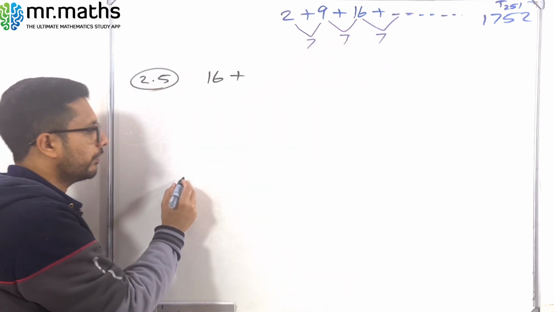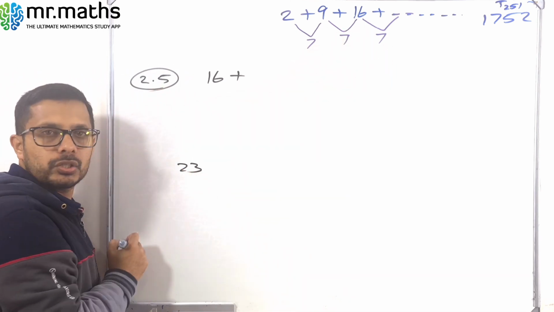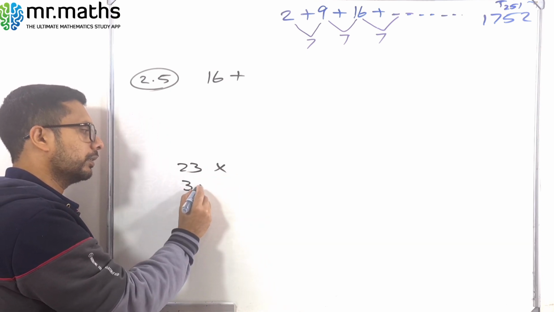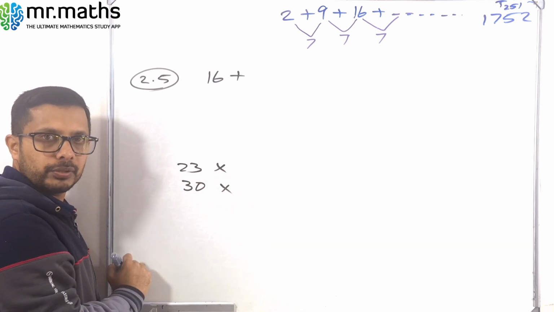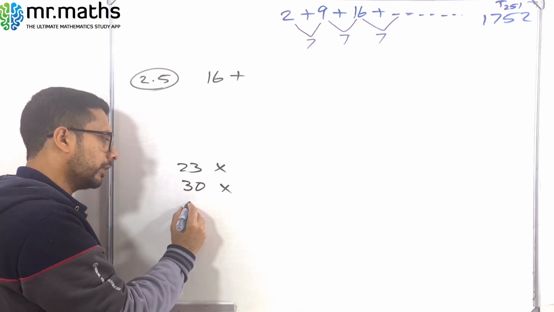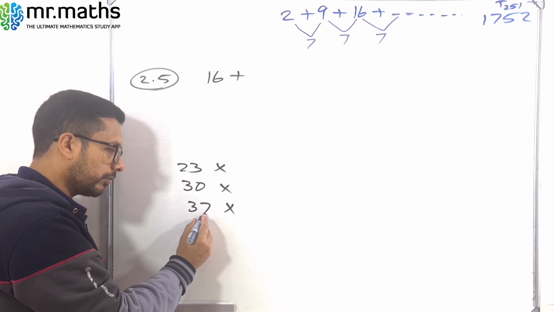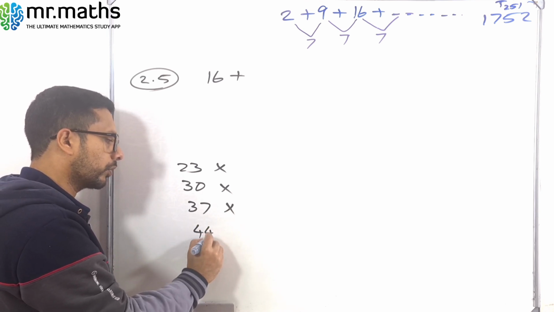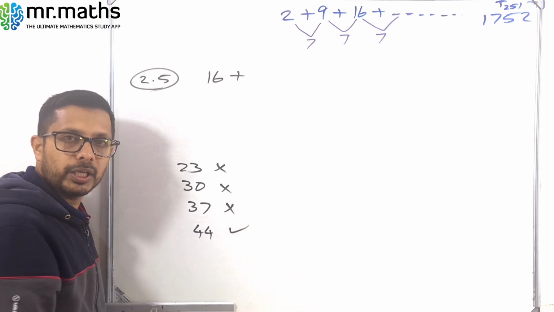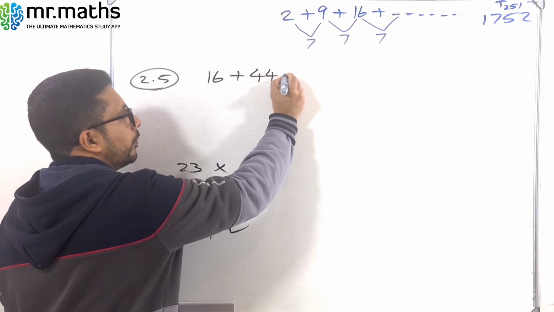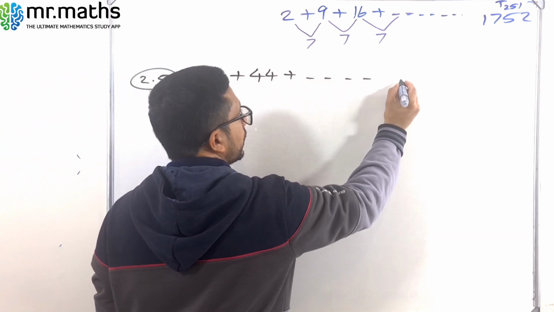So 16 plus 7, 23 is not divisible by 4. Am I right? 23 plus 7, 30 is not divisible by 4. 30 plus 7, 37 is not divisible by 4. 37 plus 7, 44. Yes, 44 is divisible by 4. Am I right? So next term is 44 plus etc.